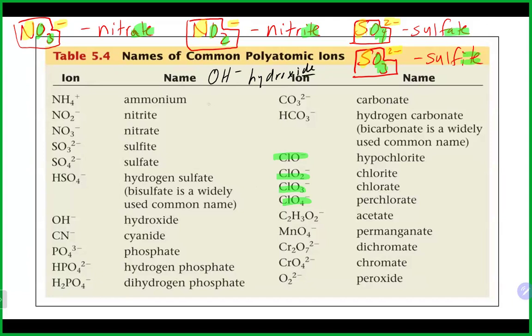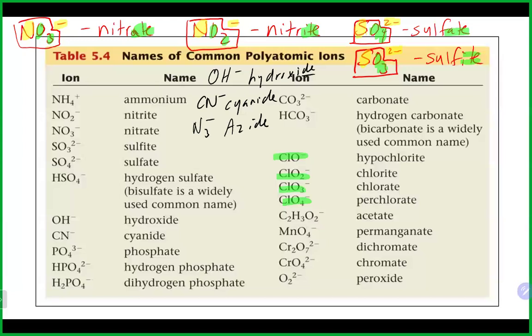There's also CN minus, which is cyanide. There's N3 minus, which is azide. So there are a few polyatomic ions that end in ide, but a vast majority of them will end in ate or ite. So there's just a few that she has to kind of worry about.